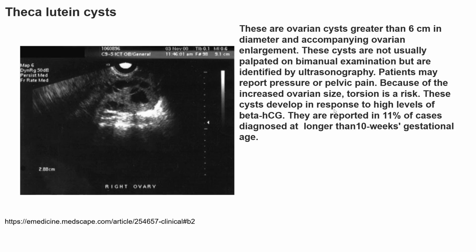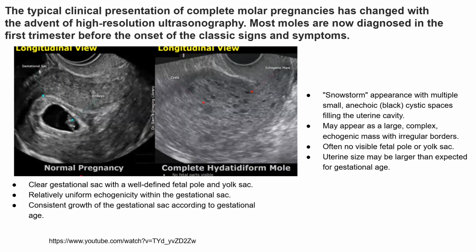They are not usually palpated by manual examination, and they may put pressure on the vessels and pelvic structures, and hence the patient may have pelvic pain. As the size increases, there is a risk of torsion. So some patients of hydatidiform mole may present with an ovarian cyst, somewhat different from the usual distension cyst, and they are reported in 11% of the cases where the mole persists for more than 10 weeks.